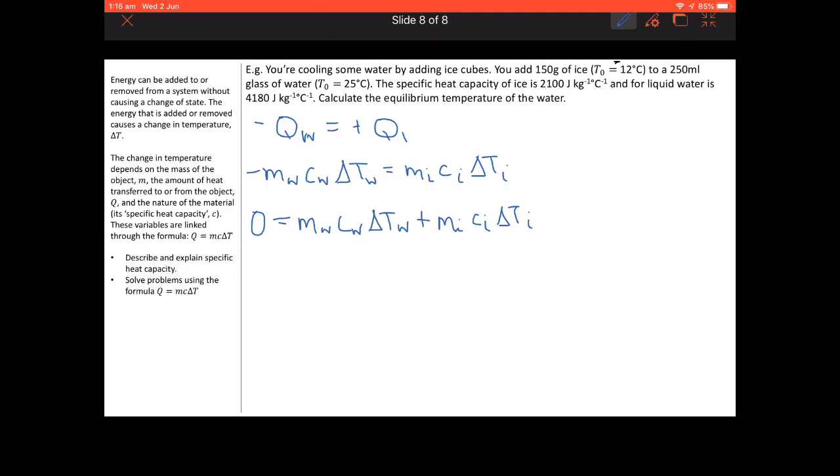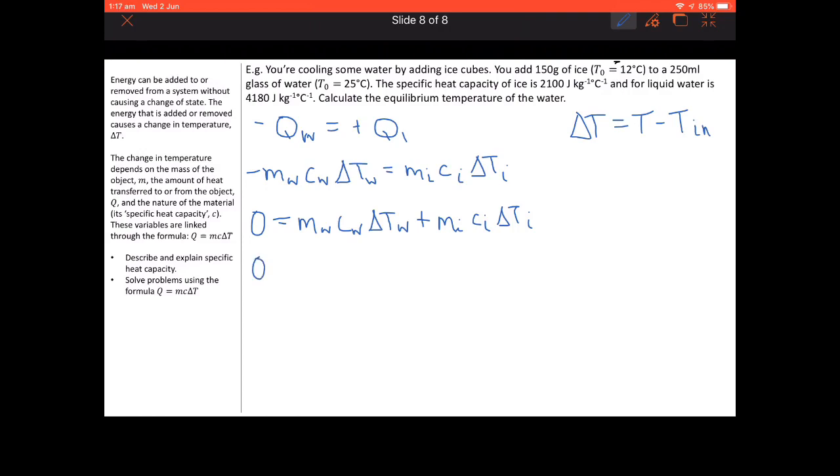For the changes in temperature, we can say that this is equal to the equilibrium temperature, which will be the final temperature of both the water and the ice, minus the initial temperature of both. I'm going to put IN for initial, just because I've already put a lowercase i for ice.